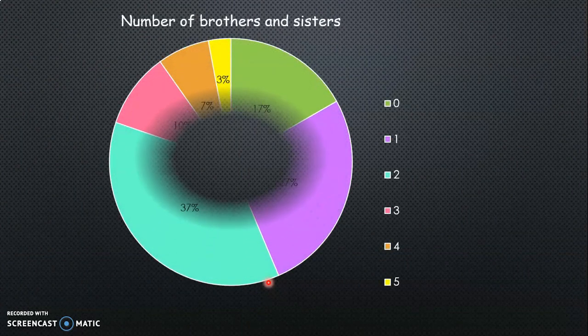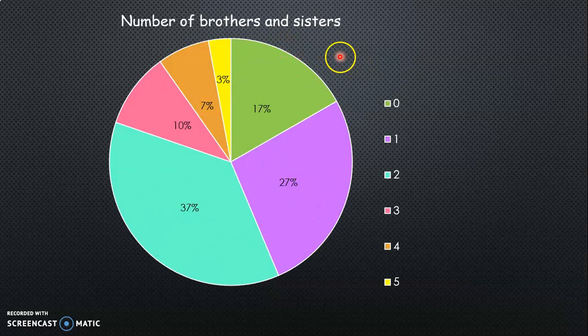Next one. Now let us show. After we get the percentage and the angle, this is now our pie chart. Now I will explain how we do the pie chart. First, of course, you need to draw a circle and you need to look for the center of the circle. Now it is showing the percentage. Just to remind you, the percentage here is without the decimal.